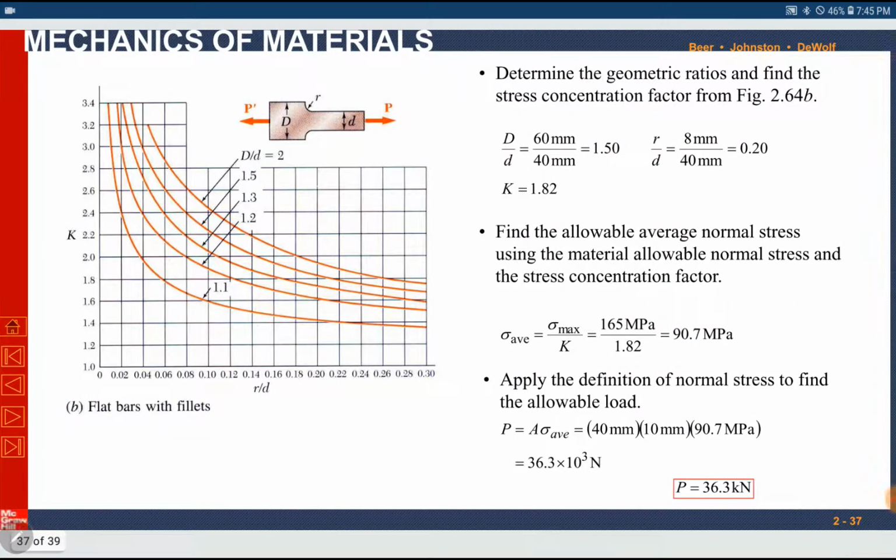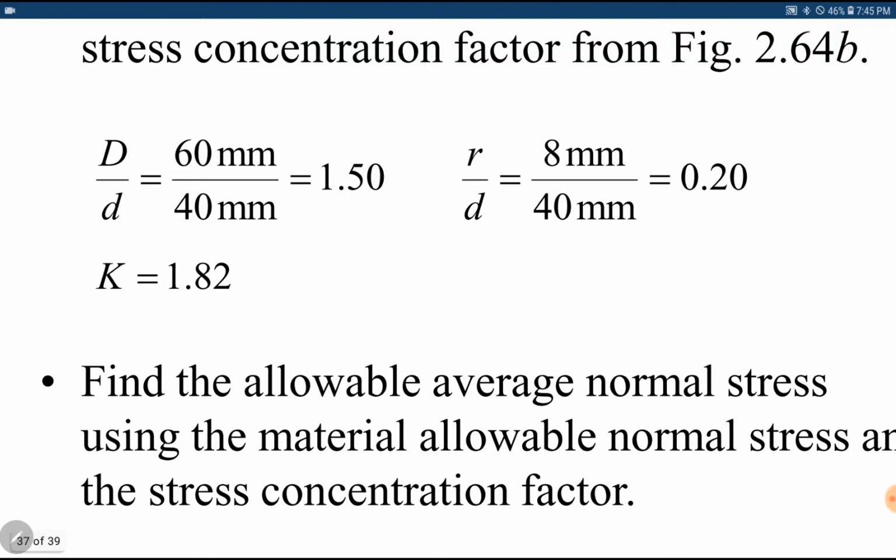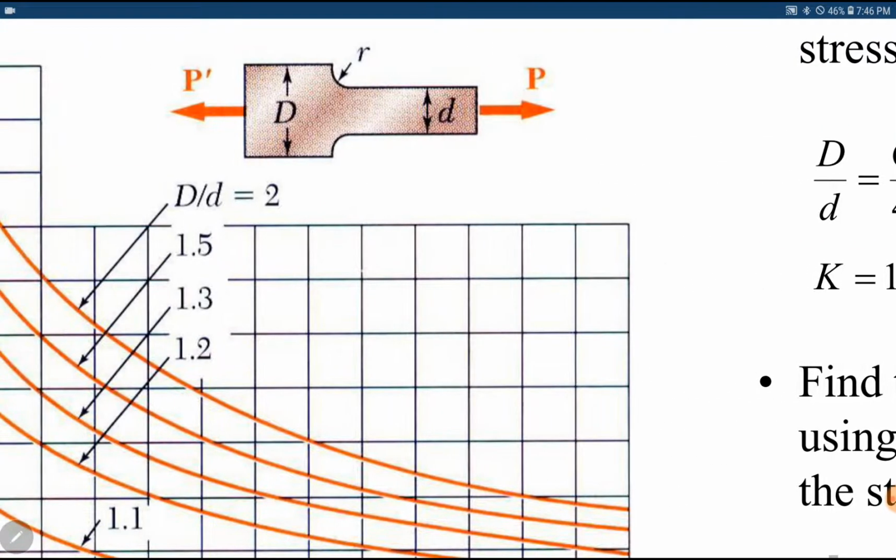First, we find the ratio of capital D over small d. They are given capital D and small d, 60 over 40, so it becomes 1.5. Ratio of r over small d, 8 over 40, it is 0.2. So 0.2 and 1.5. We can find the value of K from the graph at 0.2 and 1.5.